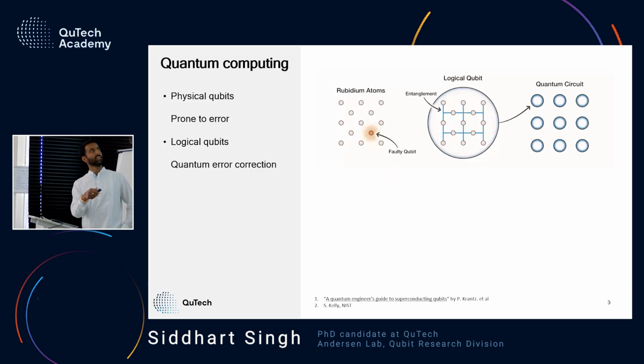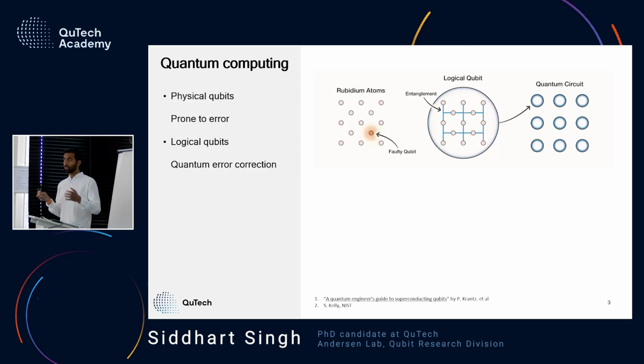What I mean by that is you can use a lot of physical qubits. In this case, it's rubidium atoms, let's say. And then you can make an entangled state of all of these to make a logical qubit. What happens is if you have an error on one physical qubit, you can correct for it, but the state of the logical qubit can still be preserved. And that logical qubit can be used to do a quantum circuit.